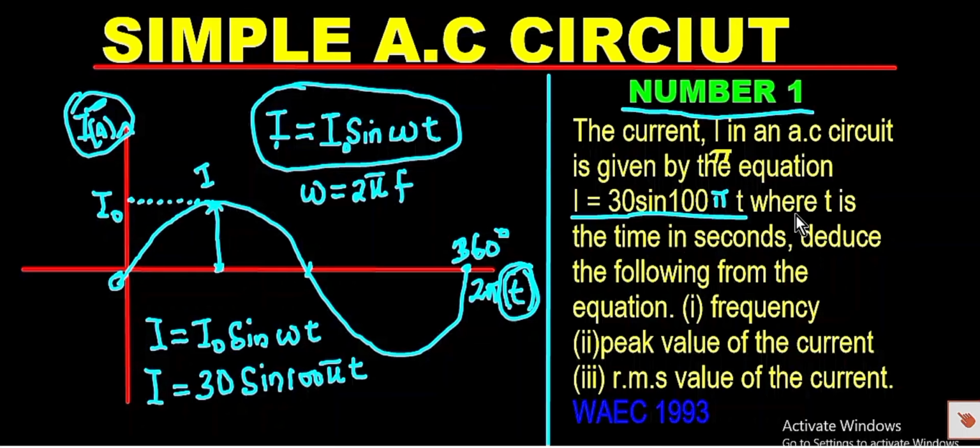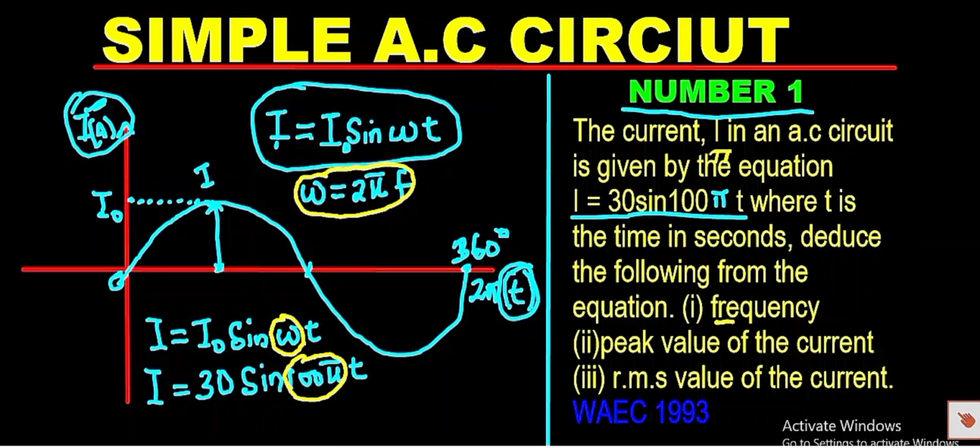Where t is in seconds, they say we should deduce the frequency. Now for me to deduce the frequency, remember I have made this conclusion, therefore everything here is going to be compared with everything here.